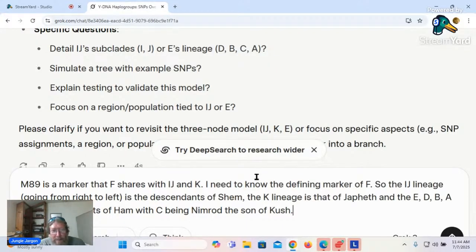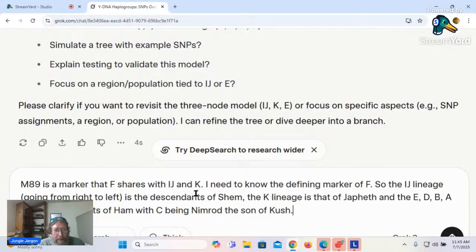See how Grok responds to that. M89 marker is a marker that F shares with IJ and K. I need to know the defining marker of F. So the IJ lineage is going from right to left.